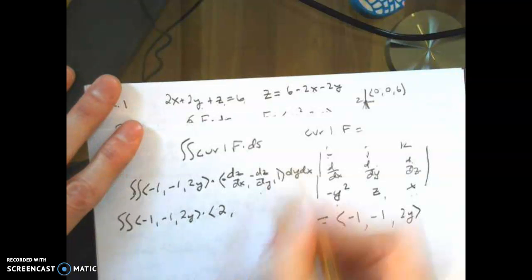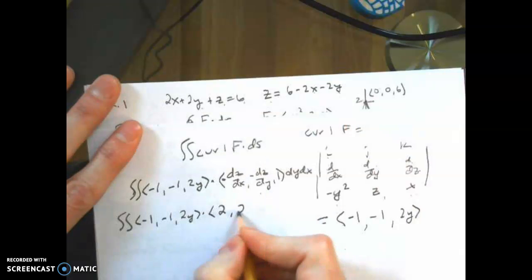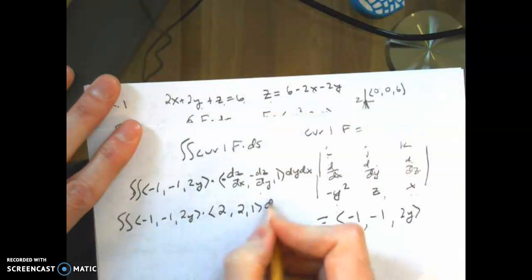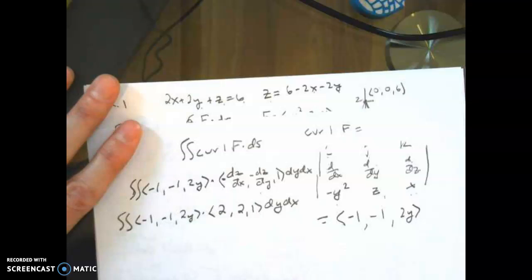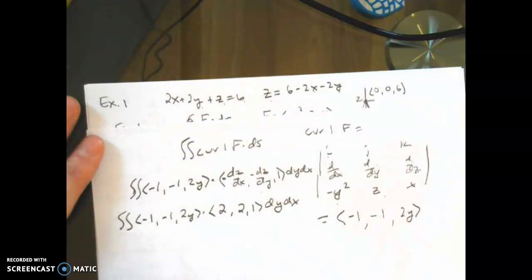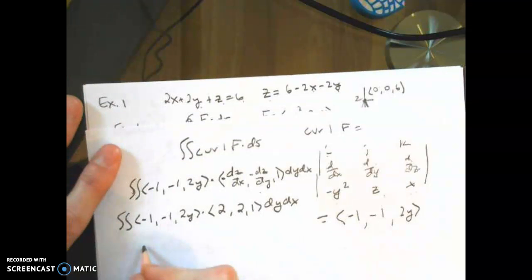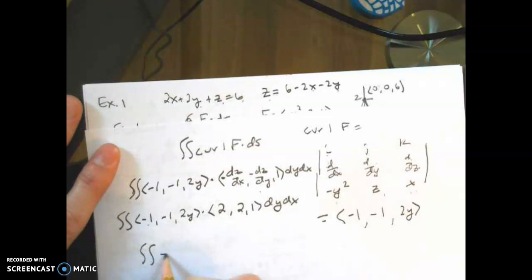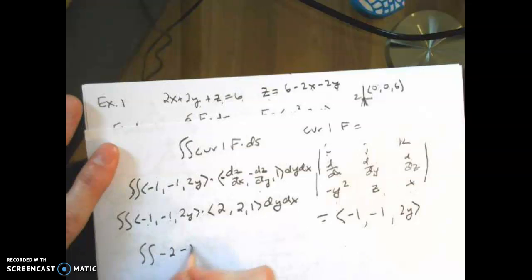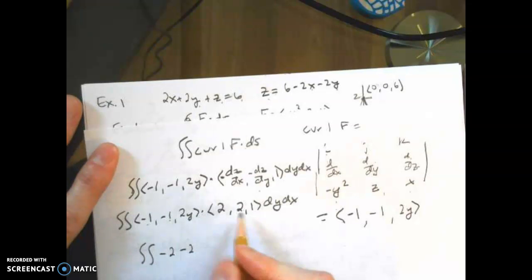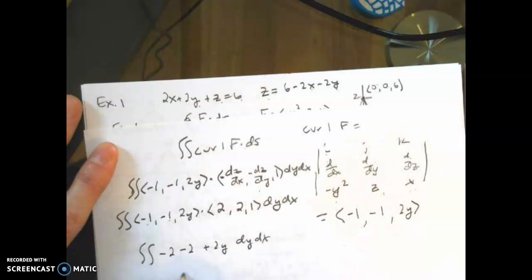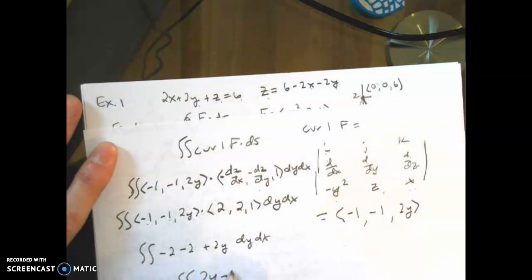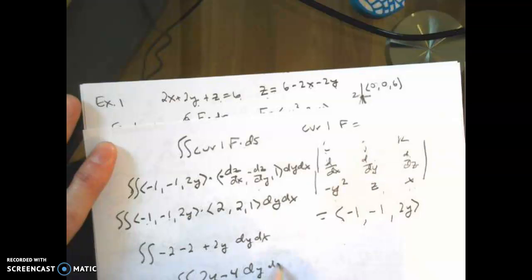Negative dz dy, positive 2. And then a 1, dy dx. Okay. When I do this dot product, that's fairly straightforward. Got negative 2 minus 2 plus 2y. So I've got 2y minus 4 dy dx.